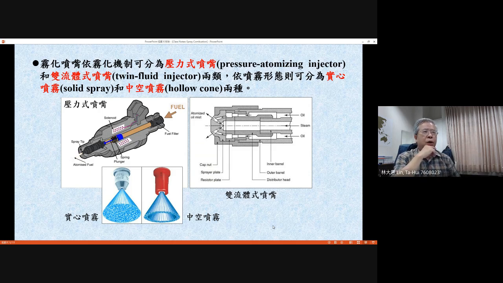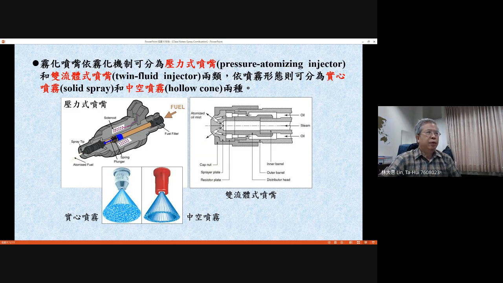But for the hollow cone, the droplets are distributed around the spray surface. The interior of the hollow cone may not have too many liquid droplets. Let me give you simple examples to represent these two kinds of injectors.